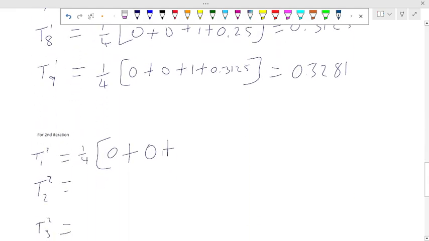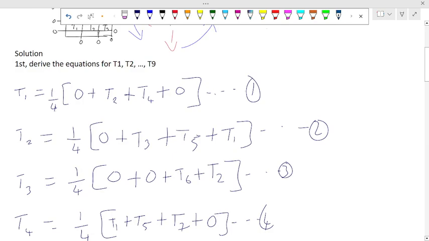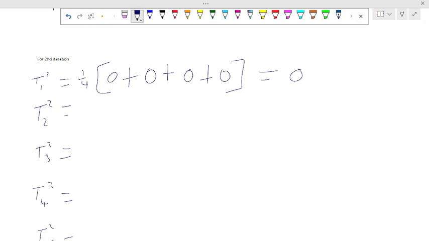Okay, 0 plus 0 will result in 0. Please, you can pause the video, rewind, take it forward, take it backwards, make sure you understand what's going on. Then the next, which is T2, will be what? Back to the formula of the equation: 0, T3, T5, T1. Okay, so we'll come over this way. 1 over 4. We zoom closer.